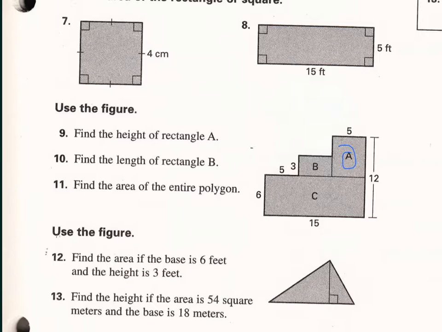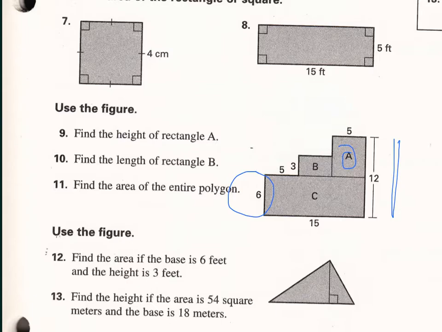And they give you the total height of the whole thing here. You see the whole thing's 12, right? And take a look at what that guy there is, okay? So you should be able to use those two numbers to figure out the height of A.